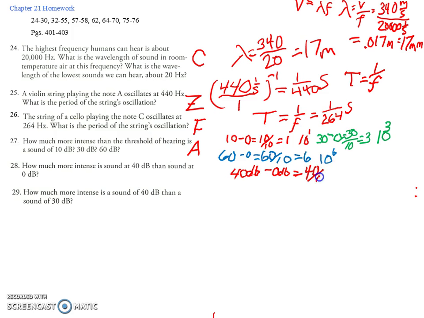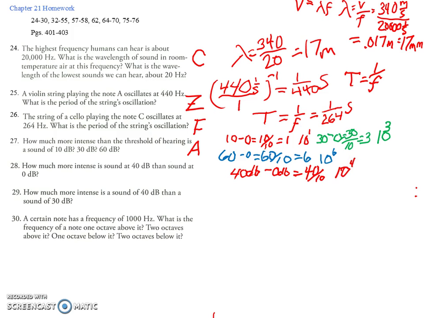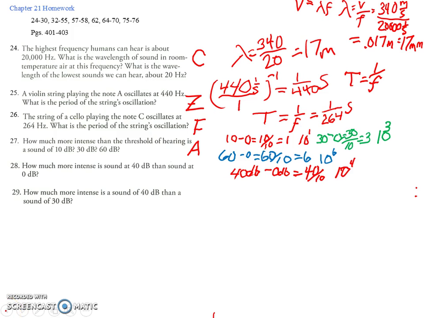Divide that by 10, and then we raise 10 to that power, so it's 10 to the 4th, or 10,000 times more. And the answer to 28 is D as in dog.